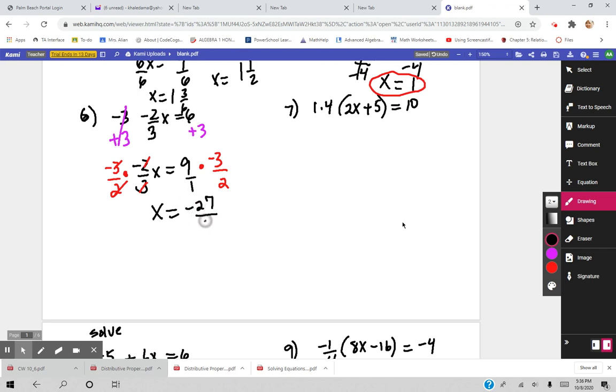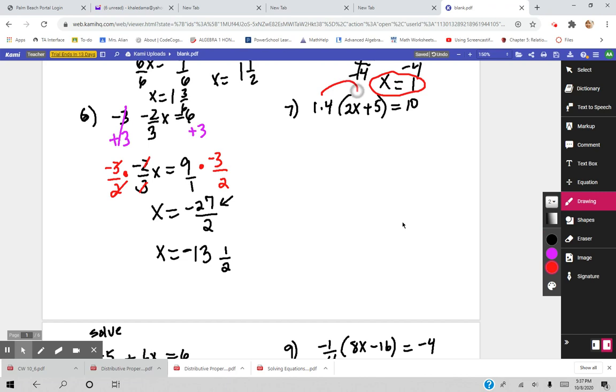And 1 times 2 is 2. So how many times does 2 go into 27? Goes in 13 times, because 13 times 2 is 26. When we take 26 from the top, what's left? 1, and that's over 2. But remember, your fraction is negative, so your mixed number should be negative. All right, let's go to the next one.